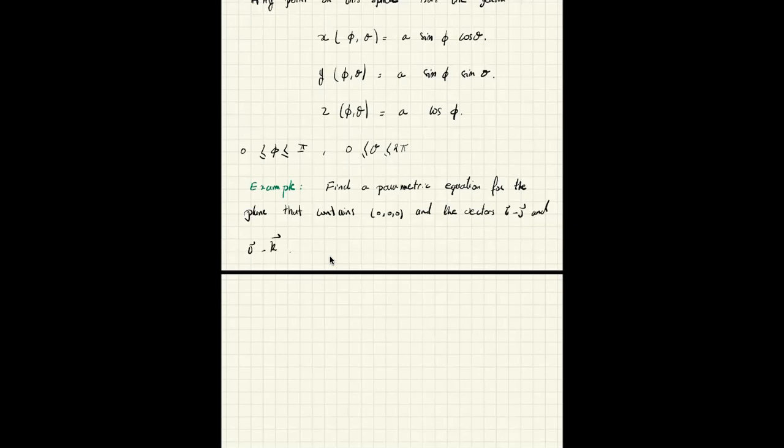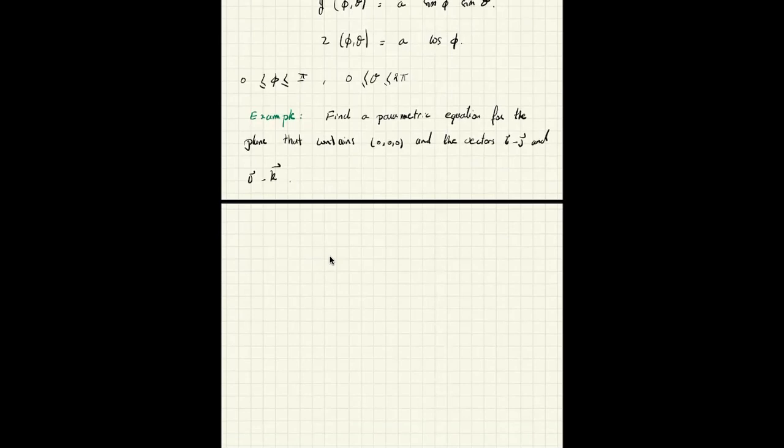Here you're not going to use spherical coordinates. Here you're going to use what you know about linear algebra. If I'm at the origin, if I have a point and I have two vectors that are on the plane, that is sufficient to determine all the plane.